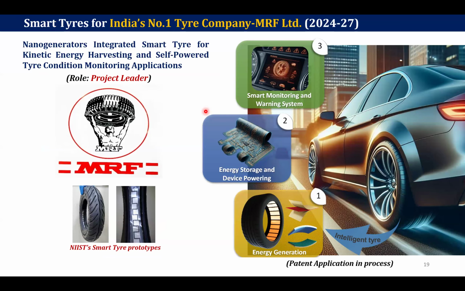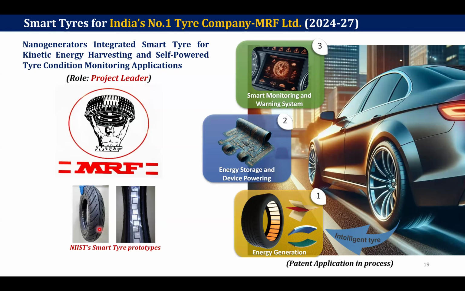So we are tying up with India's number one tire company, MRF Limited, for development of smart tires. So we are integrating nanogenerators into the conventional tire and developing an energy harvesting system along with energy storage and device powering mechanisms. A smart monitoring and warning system will be developed with the funding support of MRF.